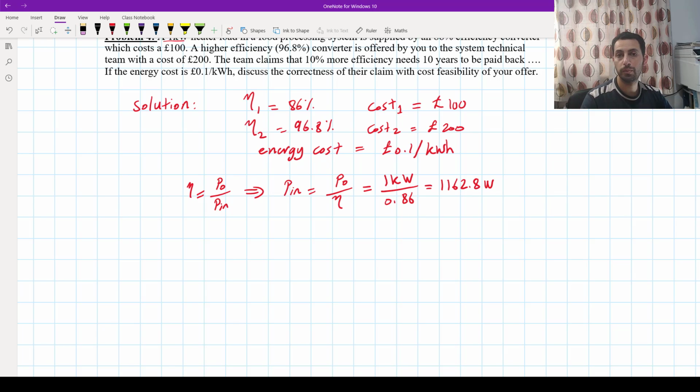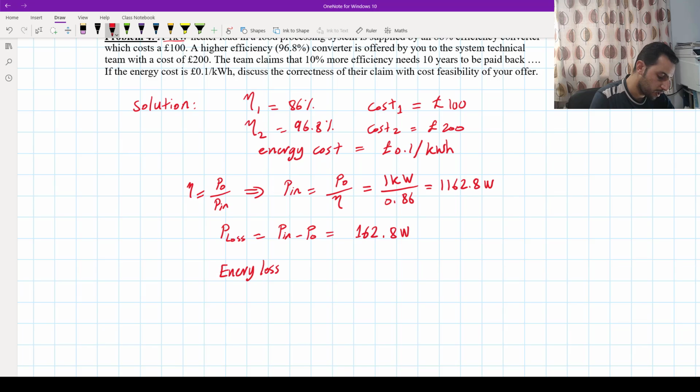And remember, we want to compute the losses cost, so we have to go for the power losses, which equals power input minus power output, and that will equal 162.8 watts. But this one is power, and you want to convert it to energy to calculate the cost. So the energy loss, which is computed in kilowatt hours.